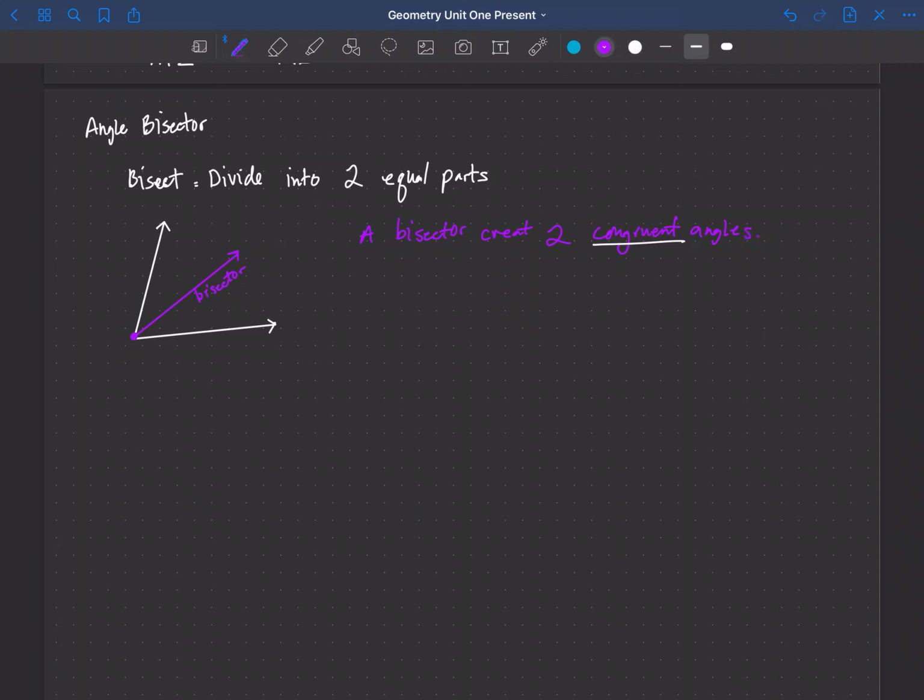Congruent means that two objects, if you're comparing them, their measurements are the same. Okay, so congruent means objects with the same measurement.